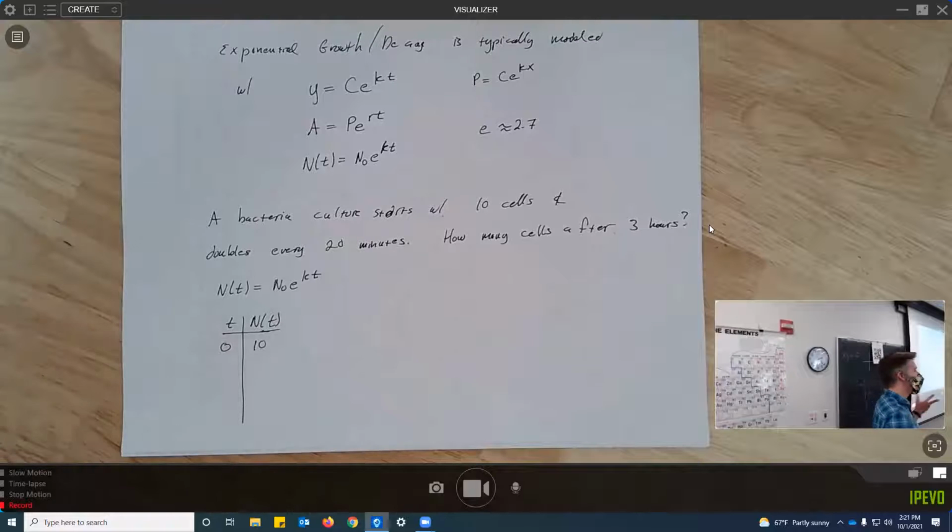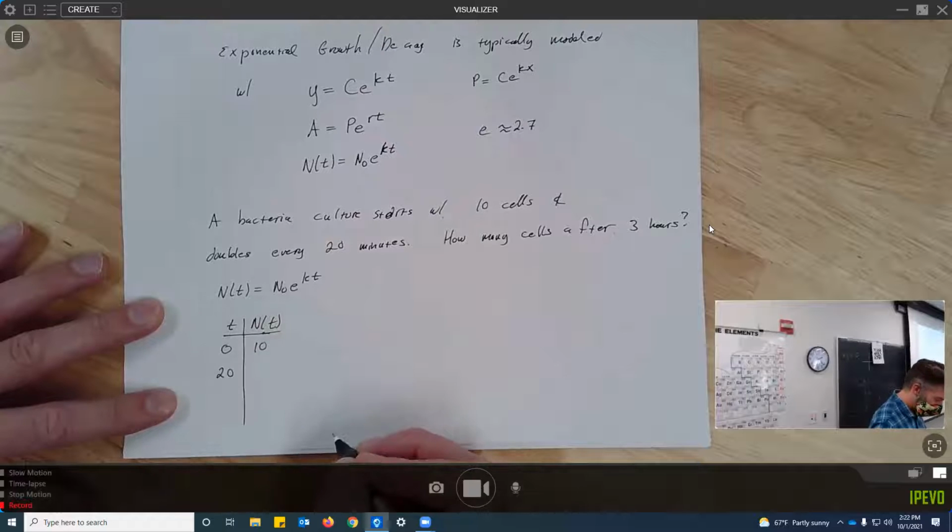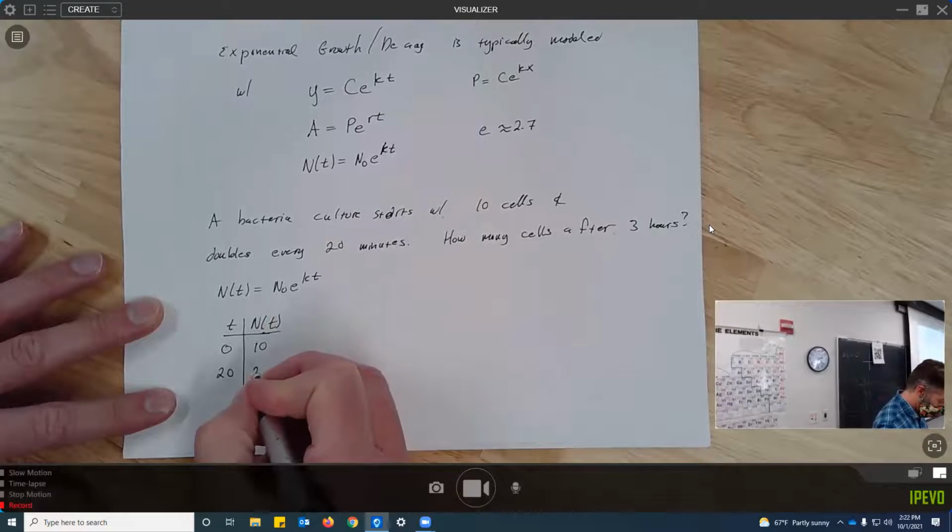And typically we need 2 data points to be able to figure this stuff out. We have 1, how much stuff we have at time 0. Do we have another data point? Could you tell me how many cells there were at some later time? Anyone want to volunteer? This is every 20 minutes, so at 20 it doubles.